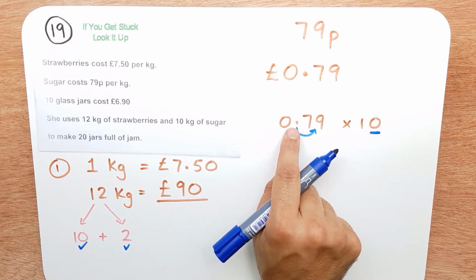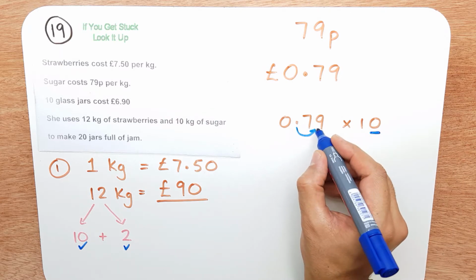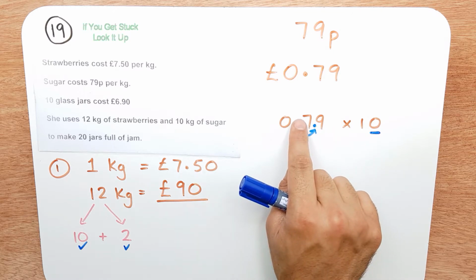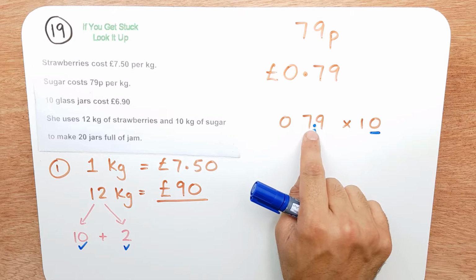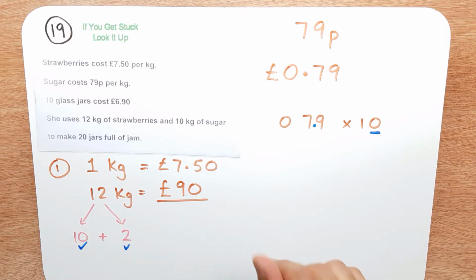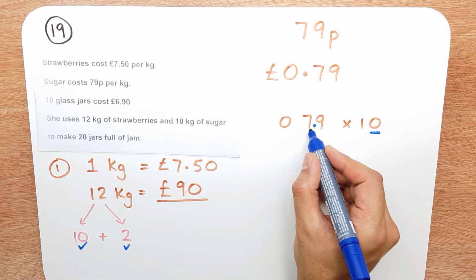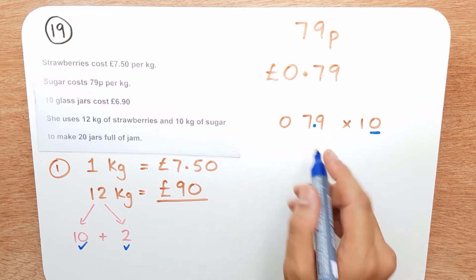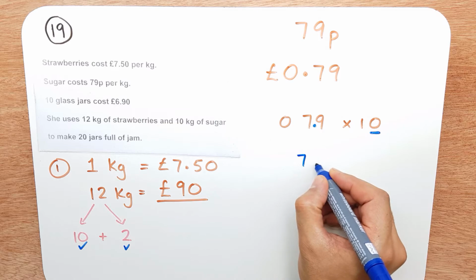So this decimal point has moved across to there. And I have 7.9.